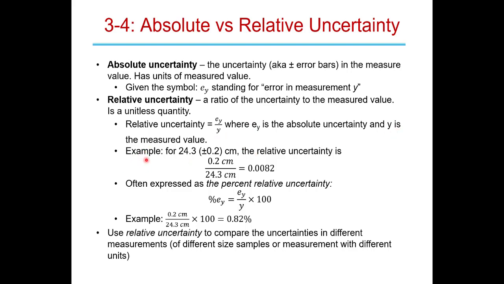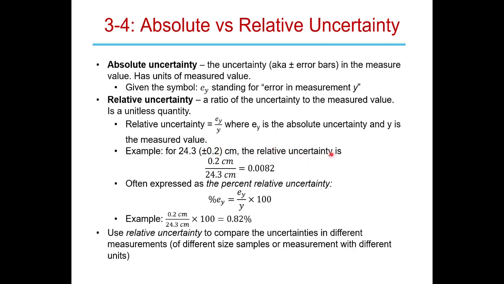So for example, let's say we measured a length in centimeters, 24.3, and we estimate or calculate in some way that our absolute uncertainty is plus or minus 0.2. So this number right here is our absolute uncertainty, and it has a value of 0.2. Both of these have units of centimeters, so 24.3 centimeters, and our absolute uncertainty is 0.2 centimeters.